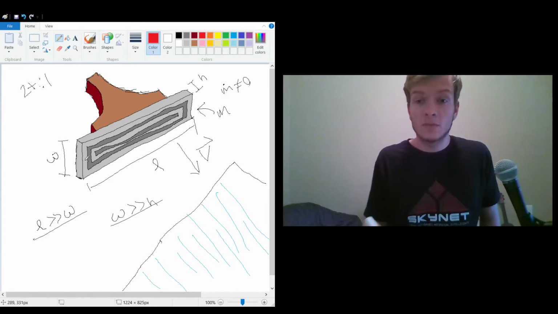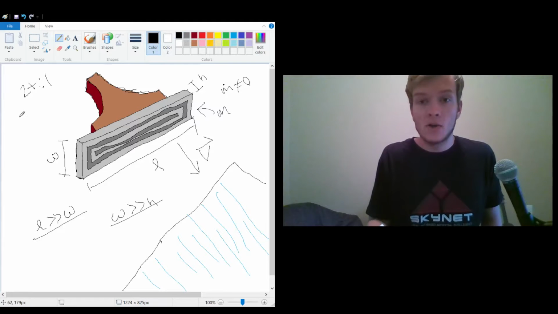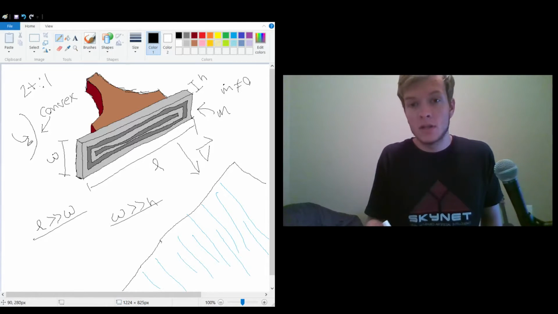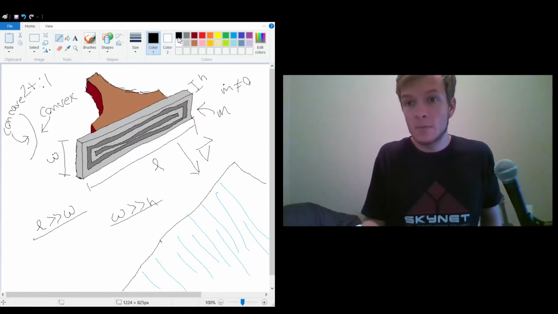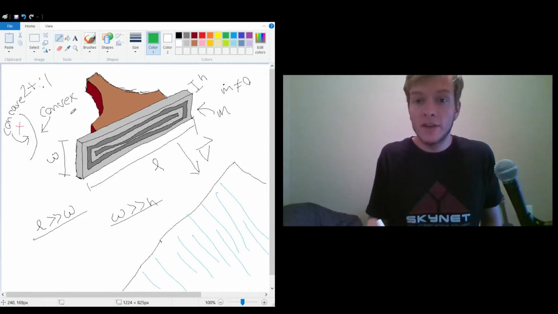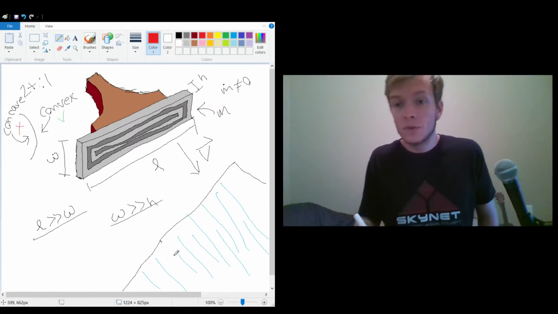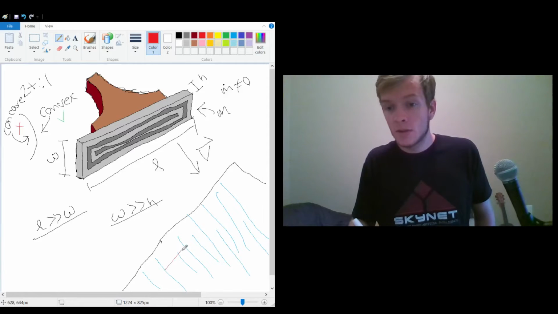So convex being outwards, so this would be convex, and this would be concave. So the concave shapes will not show up, and the convex portions of the stamp will show up, so we will actually get a shape that looks somewhat like this.